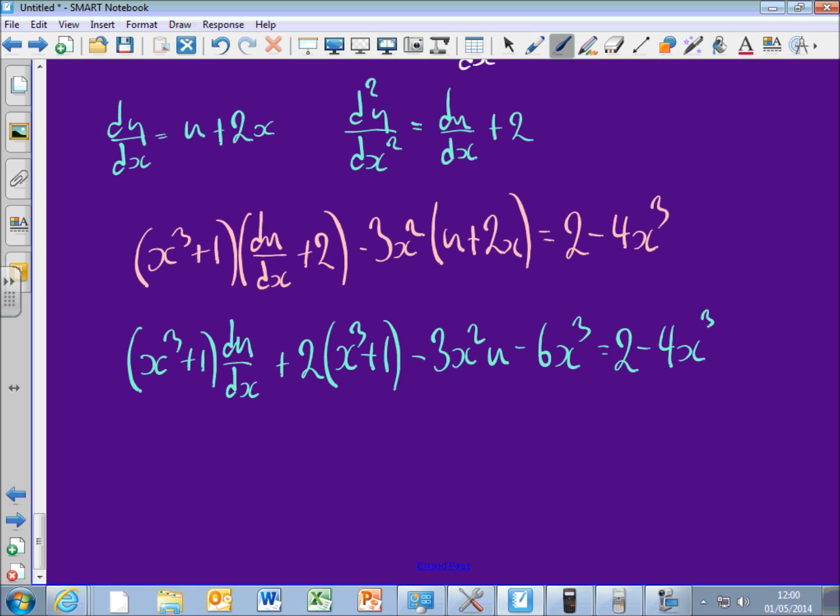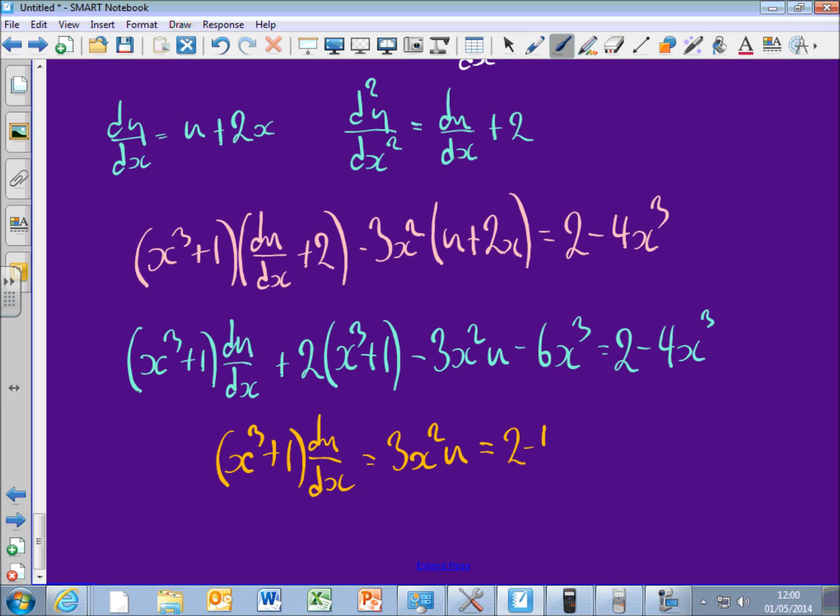Okay, now if I start bringing all this stuff over, keep that on that side. What do I want on this? I want the u, right? Bring that 3x squared u over. And then I'm going to have minus, what am I going to have? Those bits are going to cancel, aren't they?